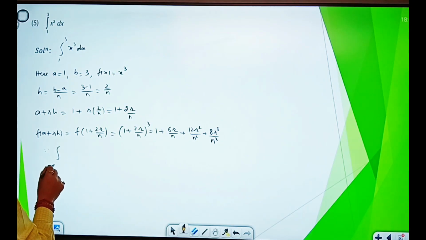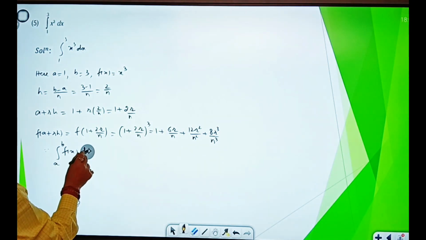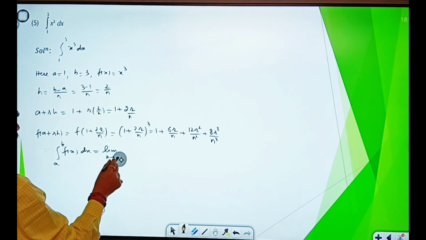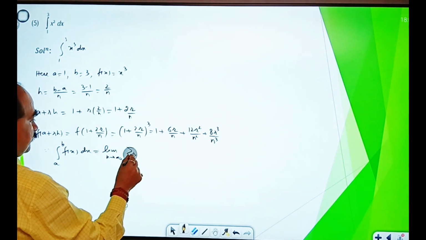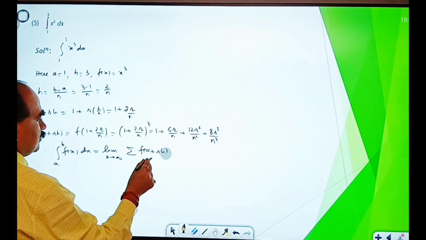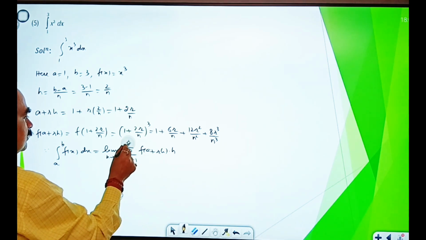Since integral a to b fx dx is what? Limit n tends to infinity, sigma f of a plus rh into h, where r takes value from 1 to n.